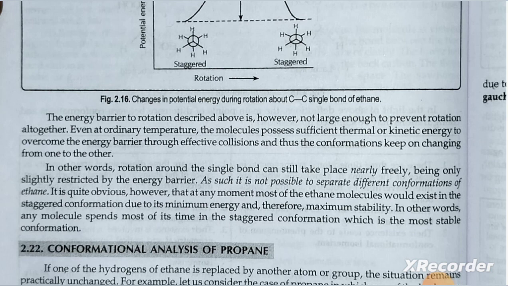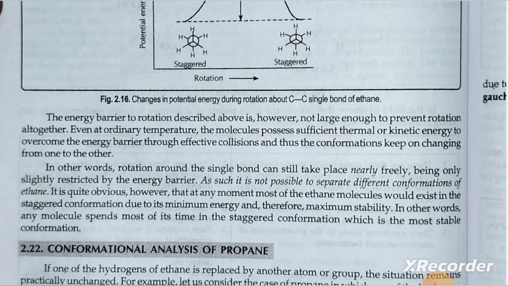As such, it is not possible to separate different conformations of ethane. It is quite obvious, however, that at any moment most of the ethane molecules would exist in the staggered conformation due to its minimum energy and therefore maximum stability. In other words, any molecule spends most of its time in the staggered conformation, which is the most stable conformation.